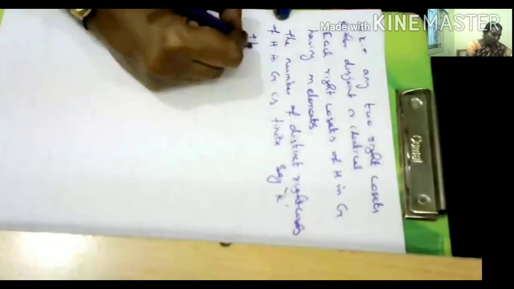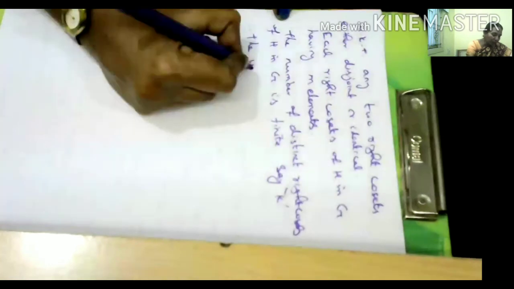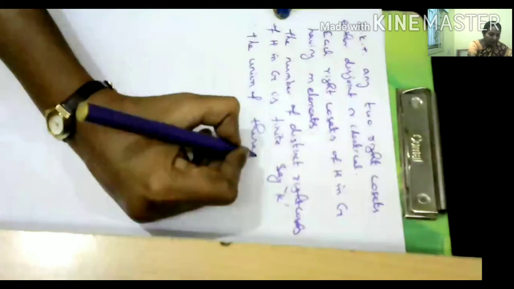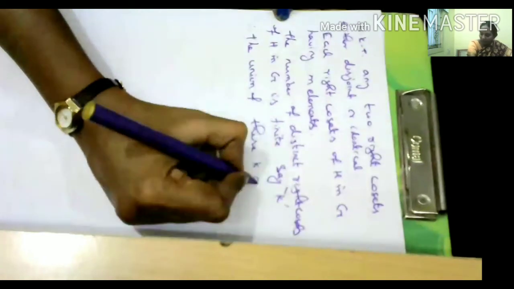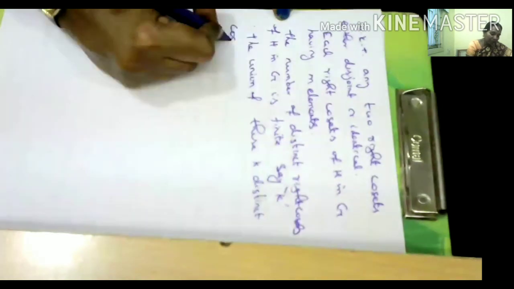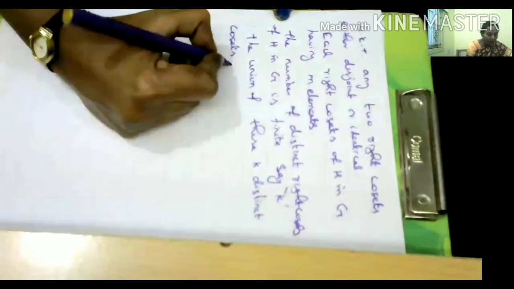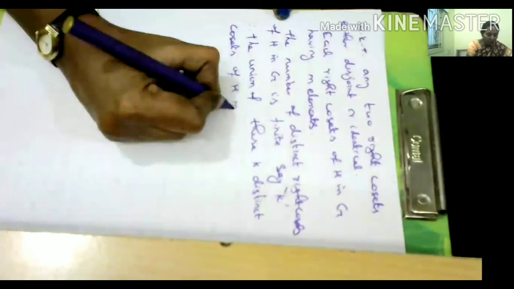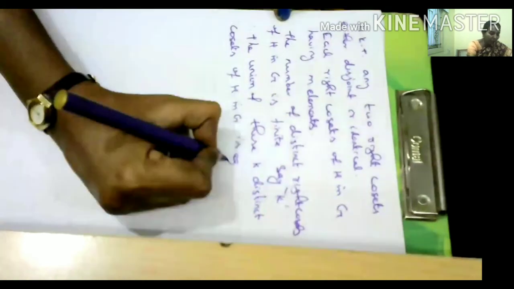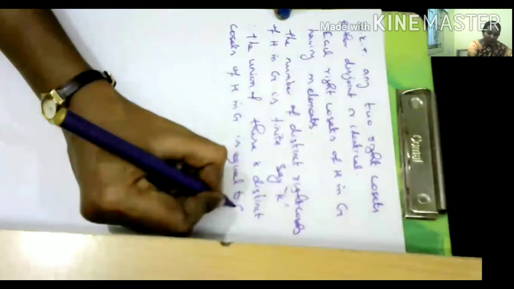So therefore, the union of these K distinct cosets of capital H in capital G is equal to capital G.